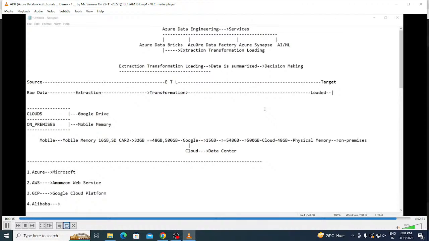But it is asking for a credit card number. Yeah, credit card, obviously. That is for the free subscription. It will charge some 2 rupees from the credit card, and the free subscription will be valid for 30 days. After that, you have to go for the pay as you go model. That will cost you based on your usage only.